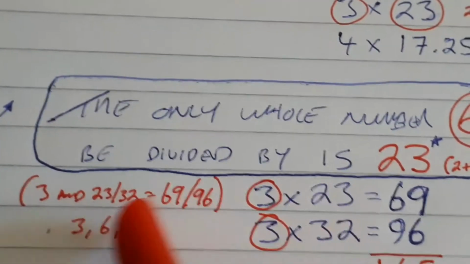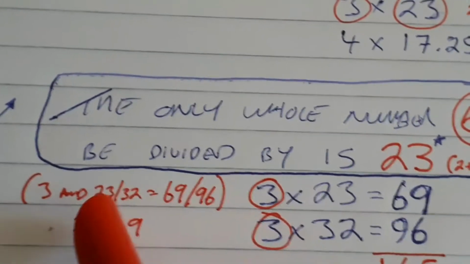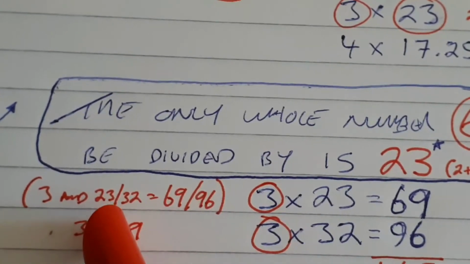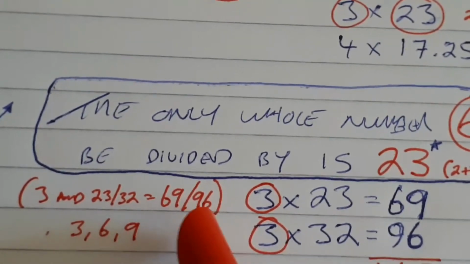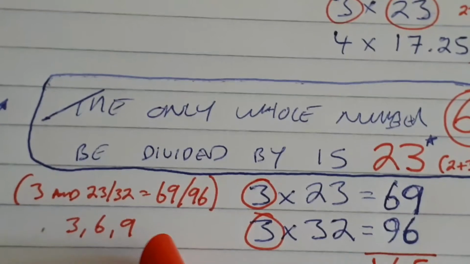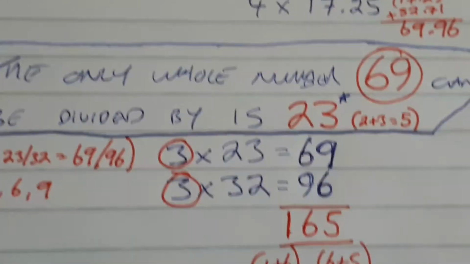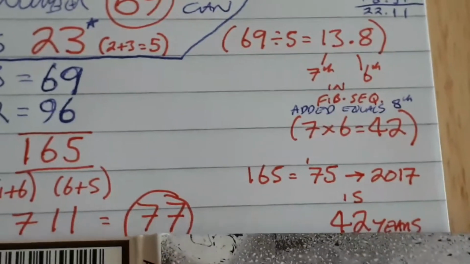That's what you get using to get those numbers. 3 times 23 for 69. 3 times 32 for 96. This is where you're getting the 369 link as well. 165 as well, being the 75 year, 2017, 42 years.